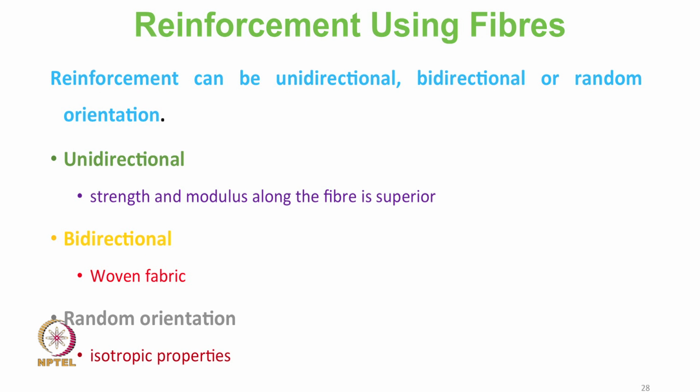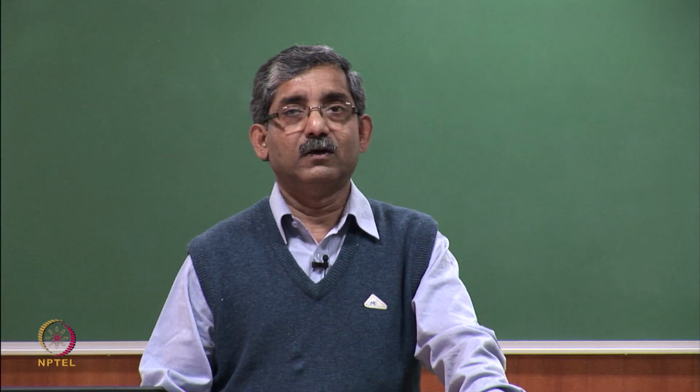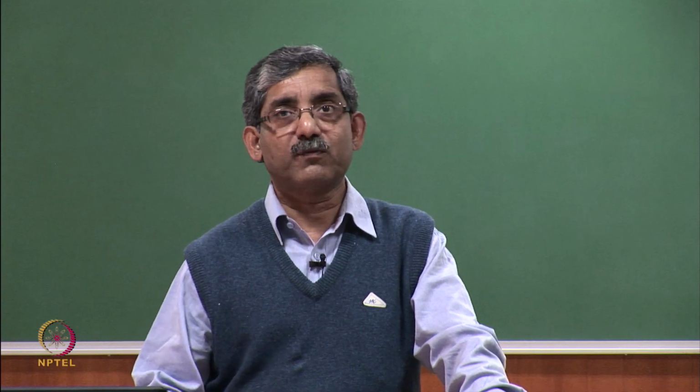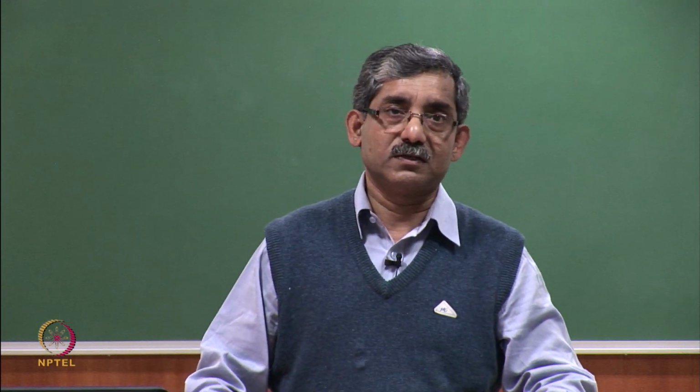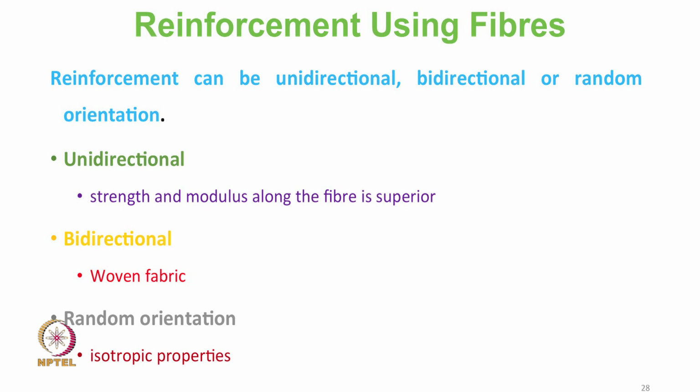Another way of orientation is random orientation, where the short fibers are oriented in random directions, where we get the isotropic nature as far as tensile characteristics is concerned. So, orientation of fiber is an important consideration.